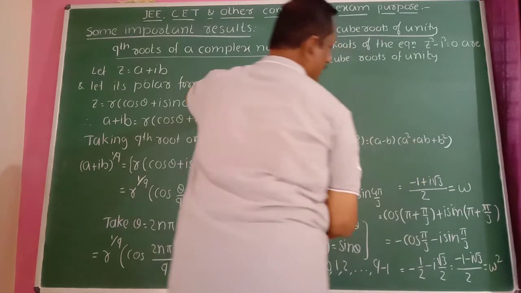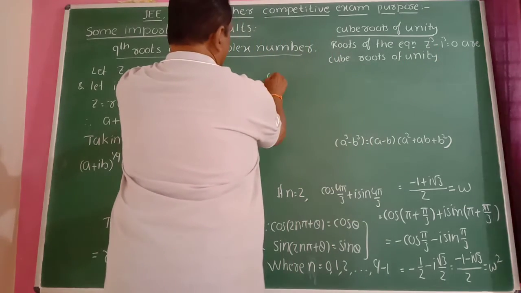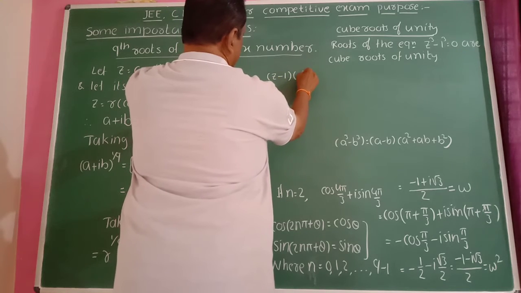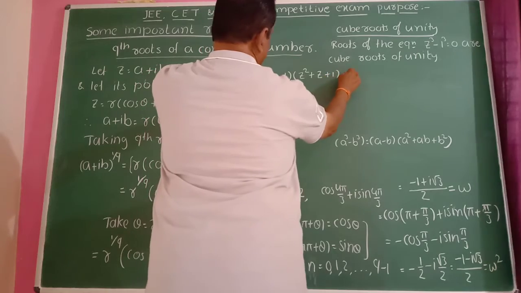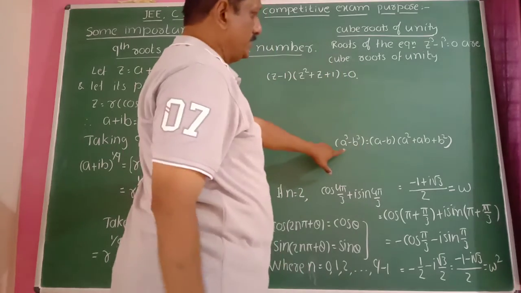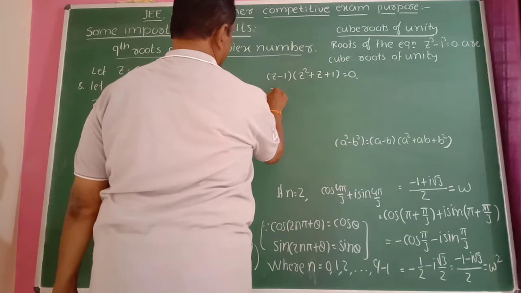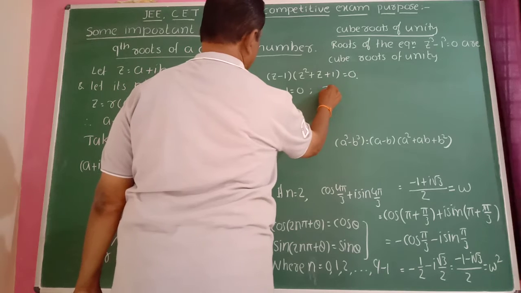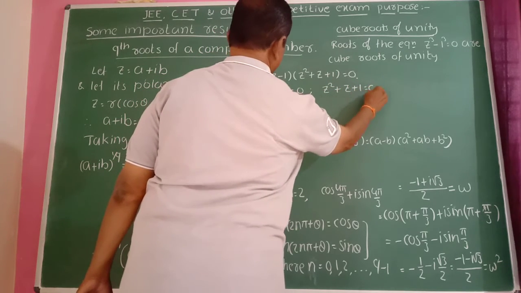So use this formula: z minus 1 into z square plus z plus 1 is equal to 0. Then z minus 1 is equal to 0, or z square plus z plus 1 is equal to 0.